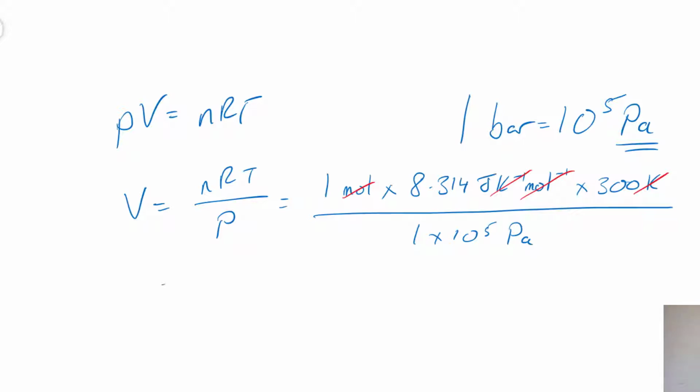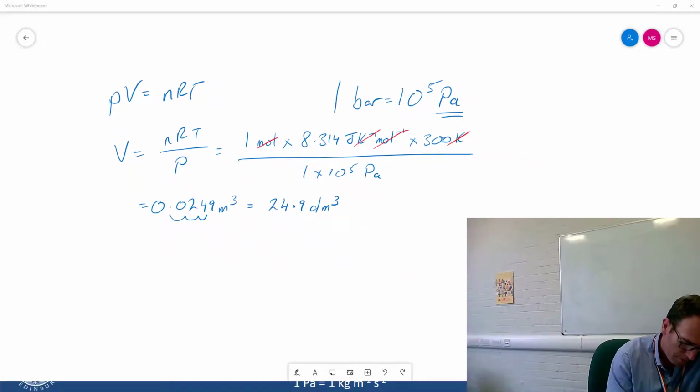So that's going to give me a volume of 0.0249 meters cubed, which is equal to 24.9 decimeters cubed. Okay, so I'm going to multiply that by 1,000 to get from meters cubed to decimeters cubed. Why is that?